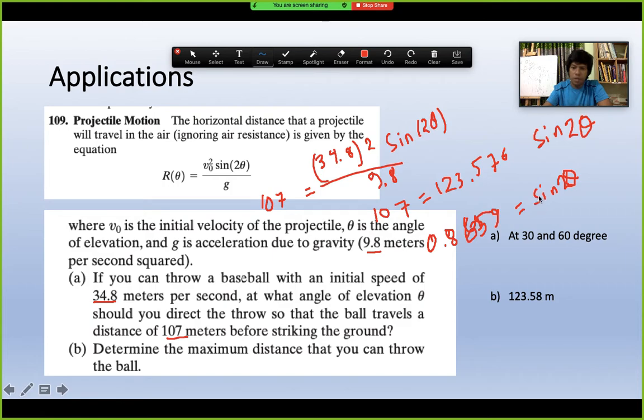Now because we need to find the angle theta, we need to send sine to this side. If you send sine to this side, it becomes sine inverse. So sine inverse of 0.865, and there are more digits here actually. We approximated it. This equals 2 theta.